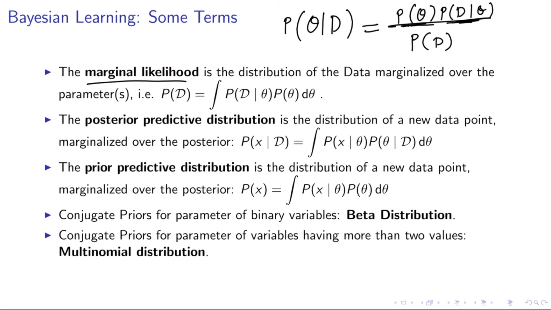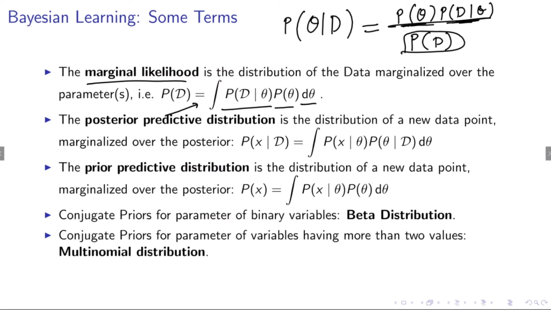The first is the likelihood and the other is the prior, where p of d is the marginal likelihood. The marginal likelihood is equal to the integral over p of d comma theta d theta, which is nothing but p of d given theta times p of theta d theta.